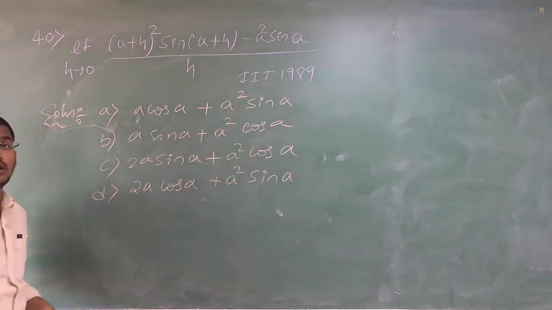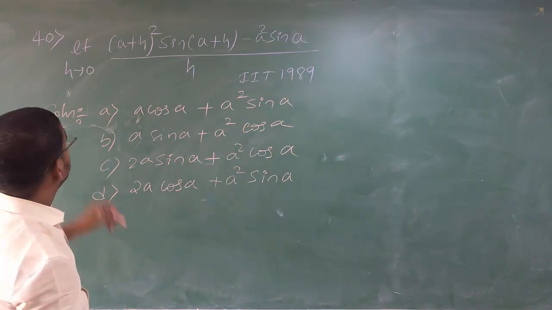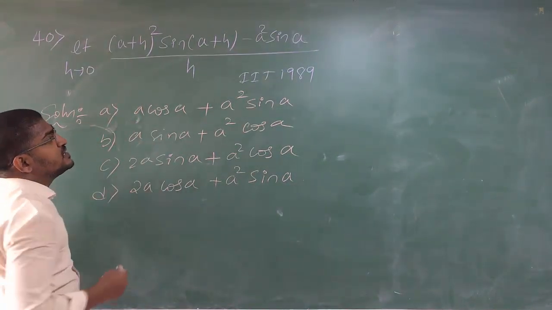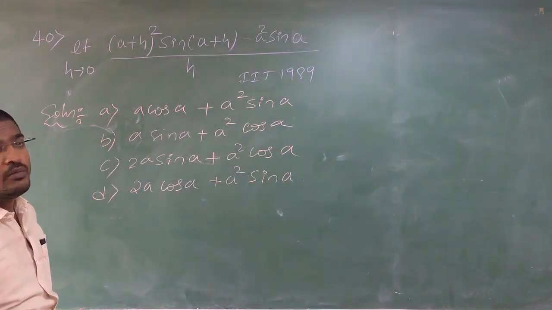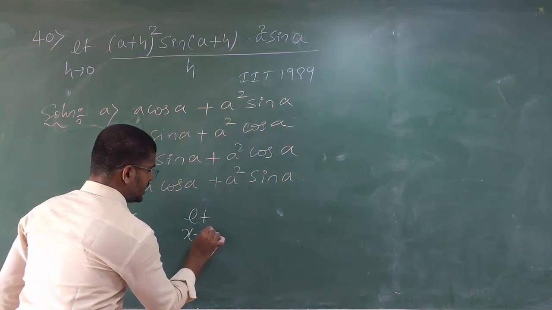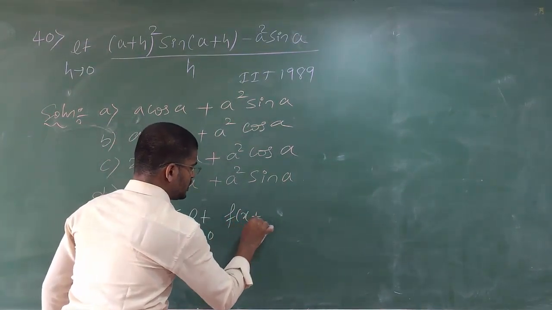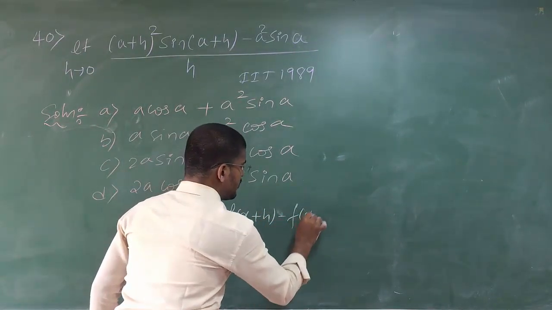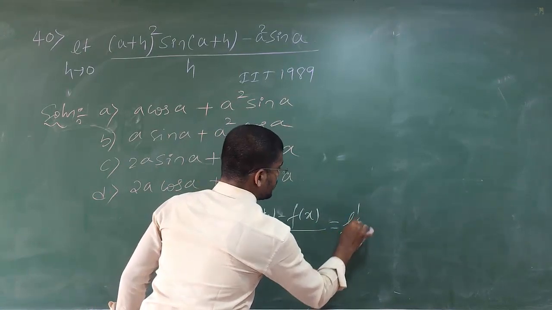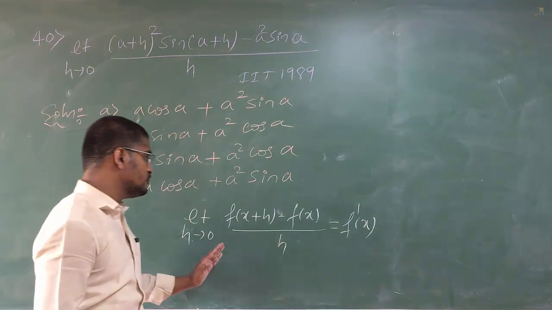Okay students, now let us go for problem number 40. Before going to problem number 40, if you look at this, it seems a very confusing problem, but see one formula: limit h tending to 0, f of x plus h minus f of x divided by h equals f dash of x, again by your first principle method formula.